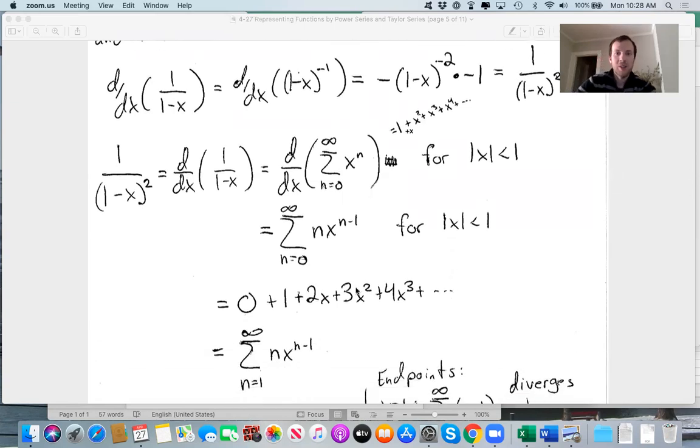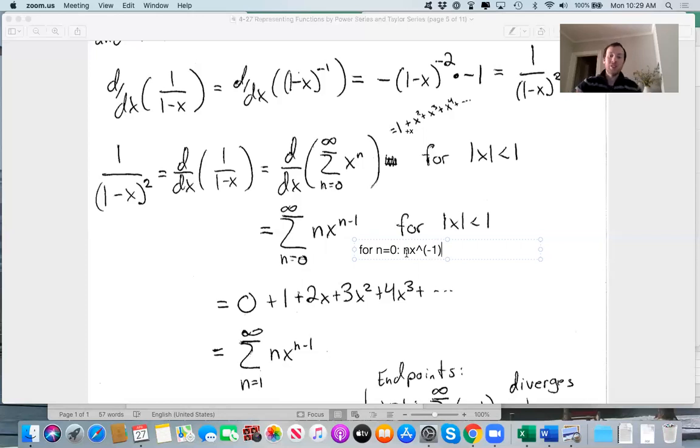What's also good to point out is, and maybe you saw this, but if not, it's not a huge thing. When we took this derivative, we got an n-1 here, which makes things look a little weird. For n equals 0, what we get is 0 times x raised to the -1.